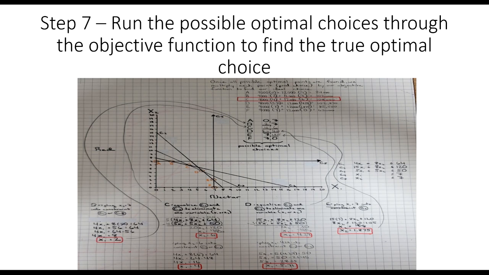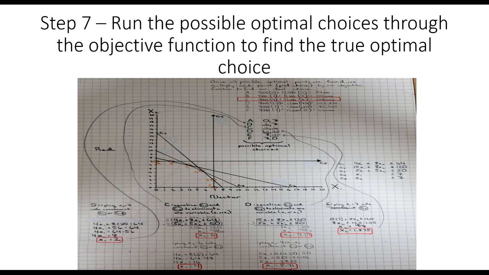All I've done here is multiply 9,000 times all our x1 coordinates plus 12,000 times all our x2 coordinates. And that gives us our profit at each optimal choice, at each production choice.